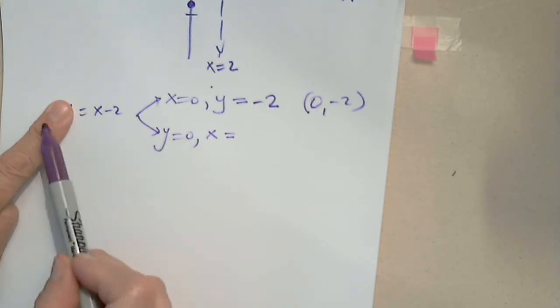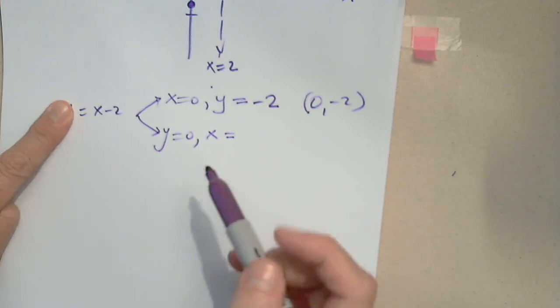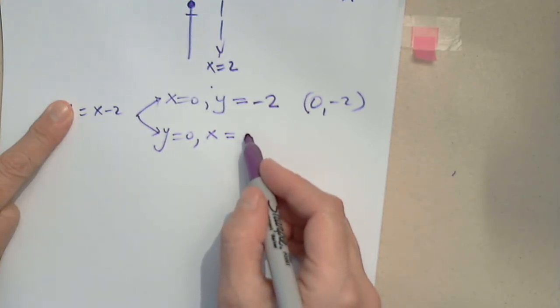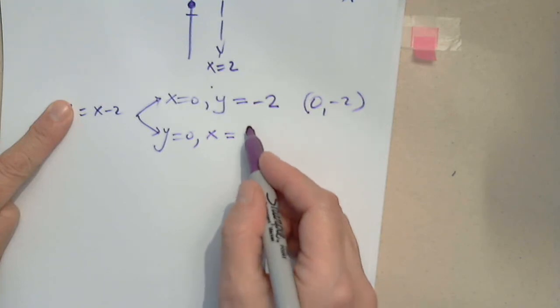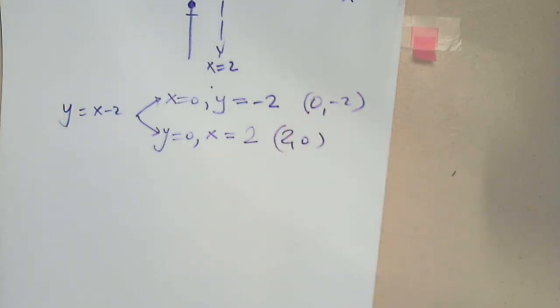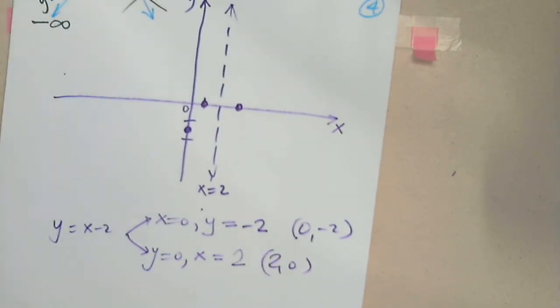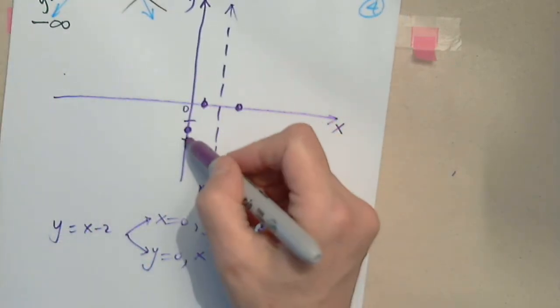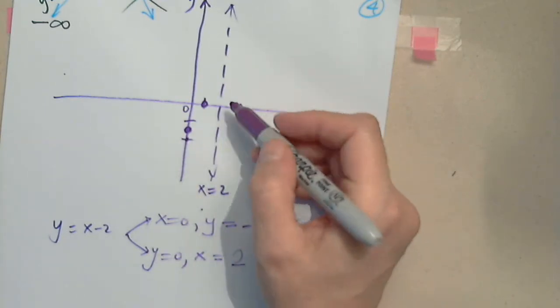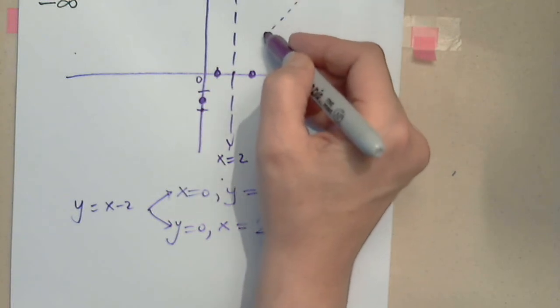So when y is 0, covered, then x equals? 2. Very good. Thank you so much. 2, 0. So I'm plotting these points, 0, comma, -2, and 2, comma, 0. And here is the slant asymptote.